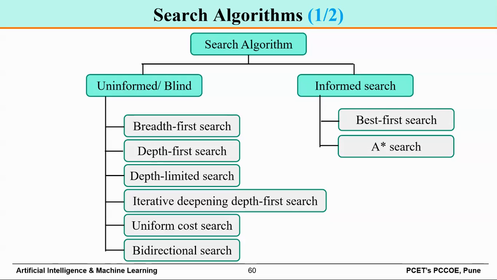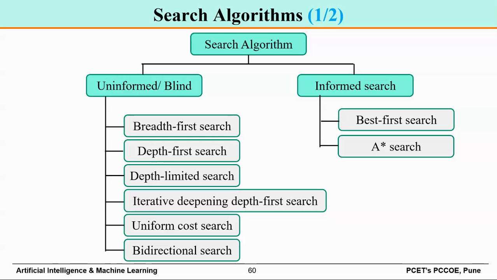And in case of informed search, when I say informed search, it means you will have some initial information with you. Again, in that there are two types: best first search algorithm and A star search. And in our syllabus only the best first search algorithm is there.